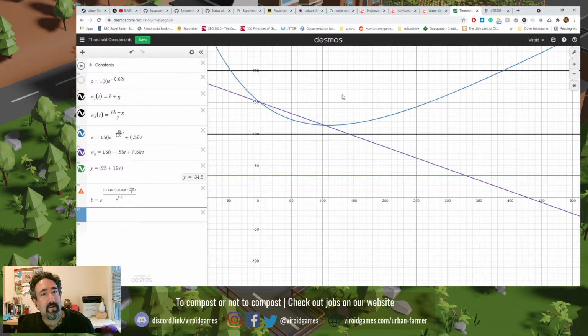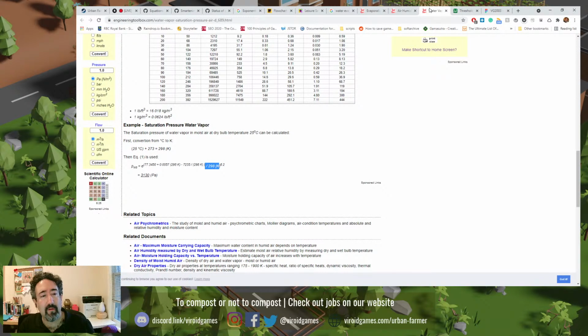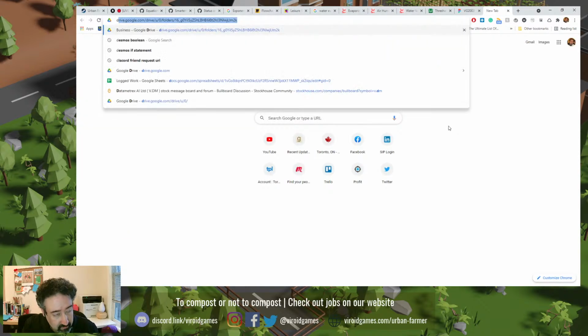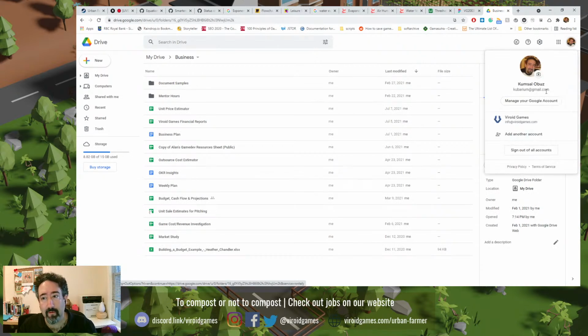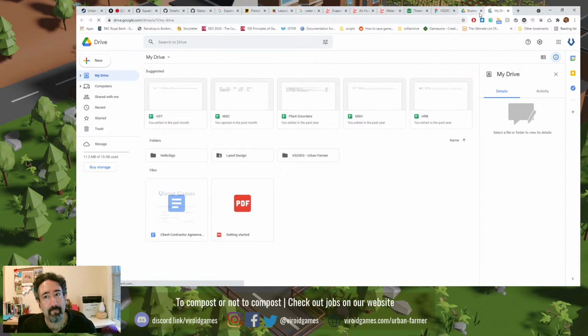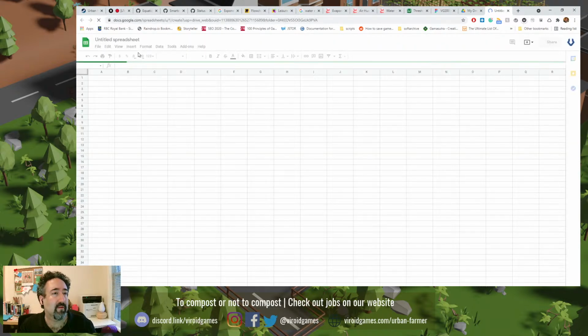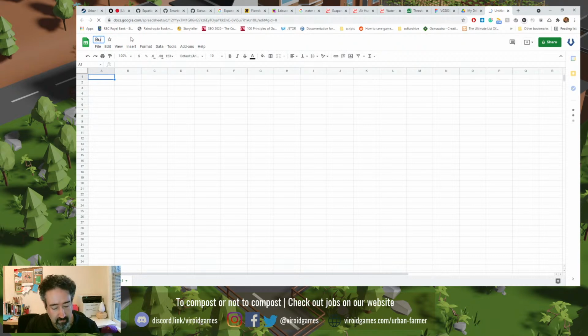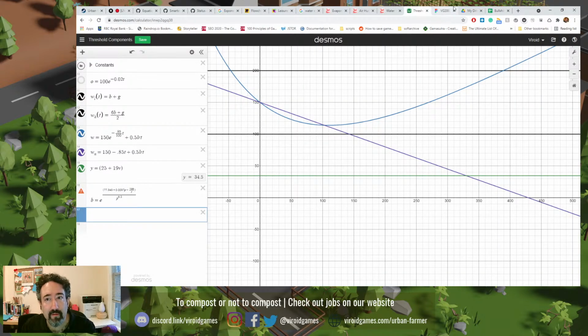At times like this, I think it makes sense that we go to the good old Google Drive. Maybe I'll do a throwaway blank. Let's type in the numbers.